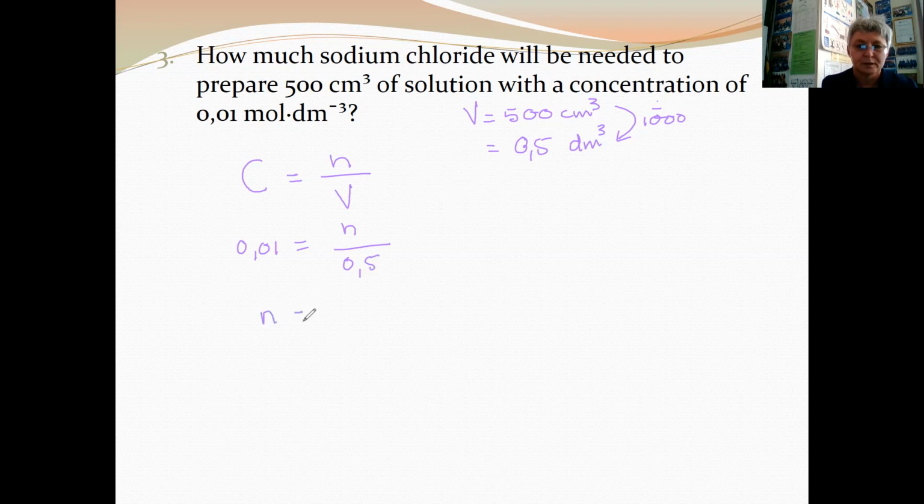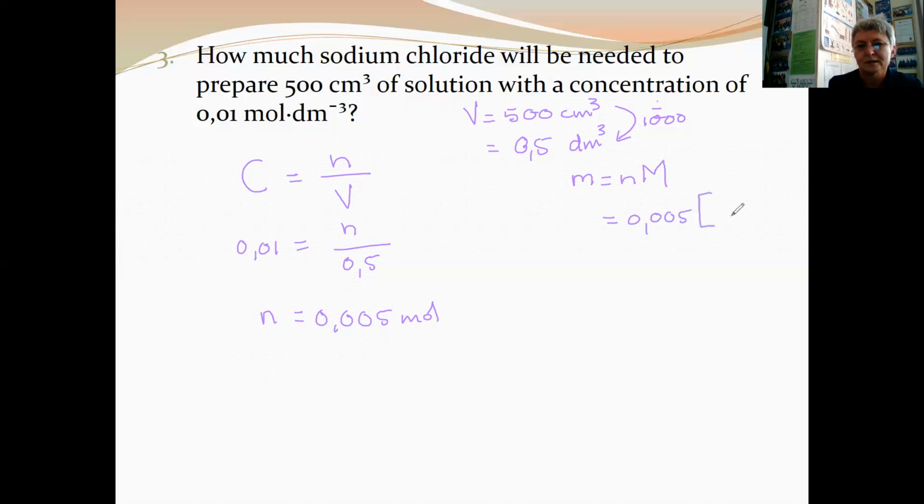So the moles would be 0.5 times 0.01, and that is 0.005 mole. To get the mass of sodium chloride, we need to use this equation. Mass is moles times molar mass. We've got the moles, 0.005.